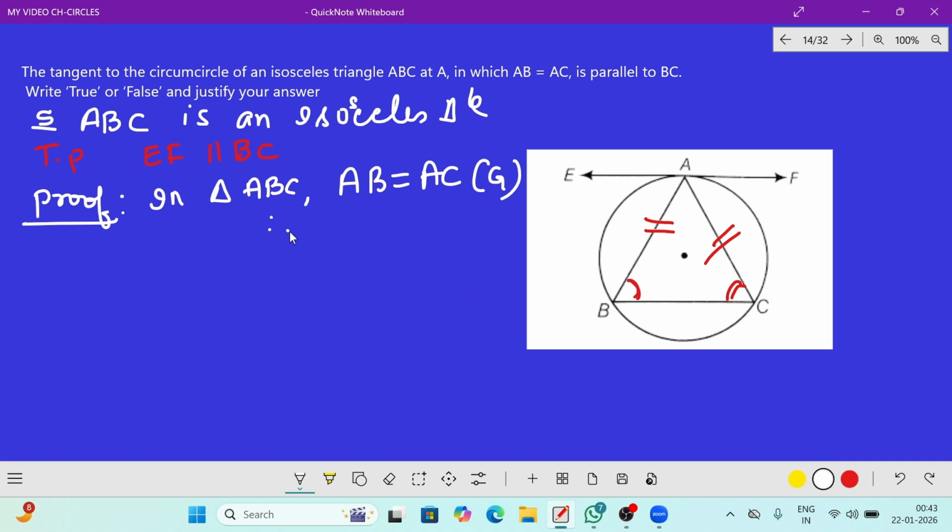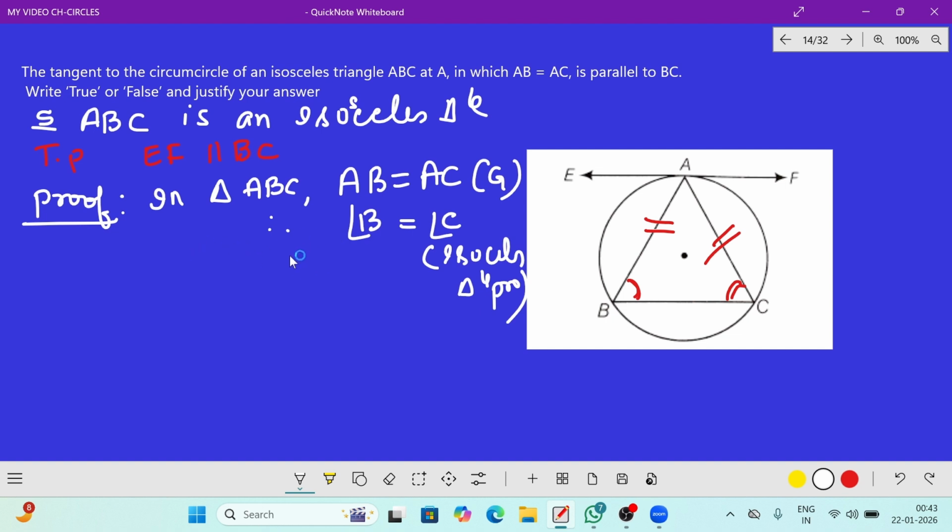So what can I write? Therefore, angle B is equal to angle C, or you can write angle ABC is equal to angle ACB, because of the isosceles triangle property. In an isosceles triangle, when the sides are equal, the base angles are also equal.